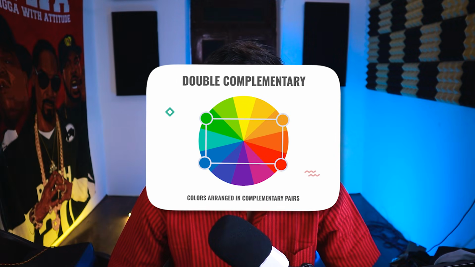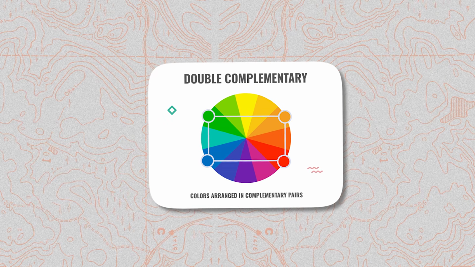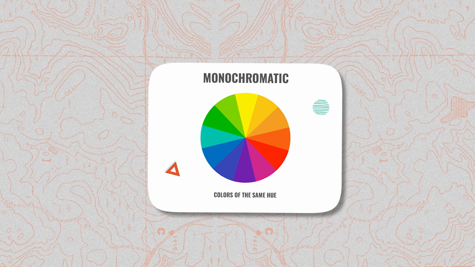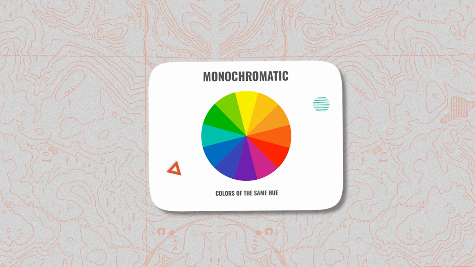Double complementary colors are created from a set of 4 colors that forms 2 complementary pairs. Now the last one, monochromatic colors. Monochromatic color schemes involve using any one of the colors on the color wheel with different levels of brightness, saturation or hue. We will dive deeper into these topics of color theory and color psychology in its separate dedicated video.